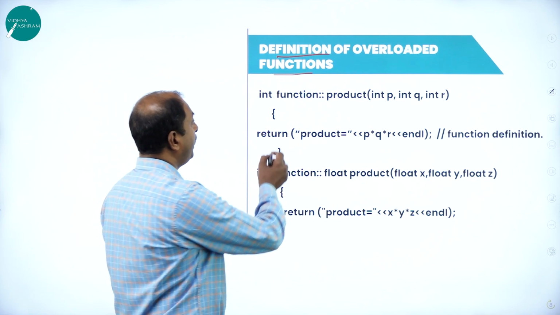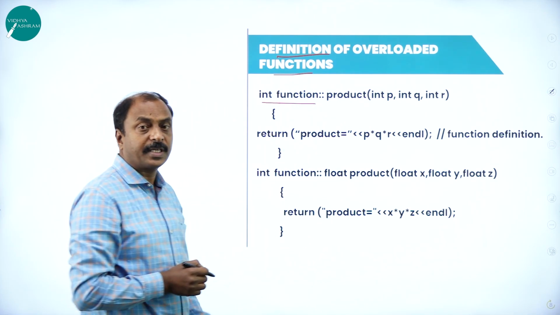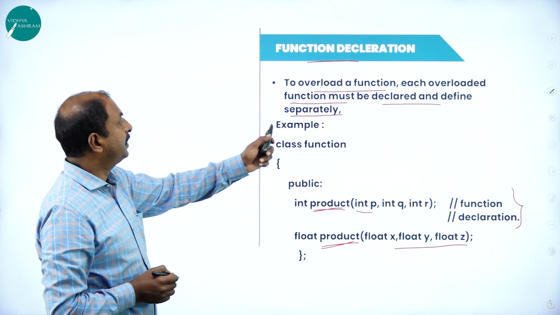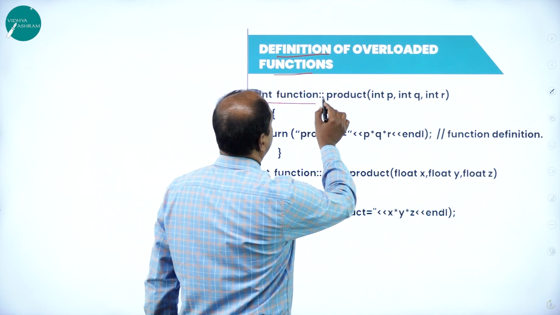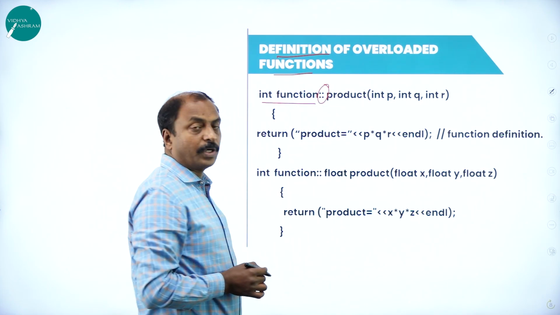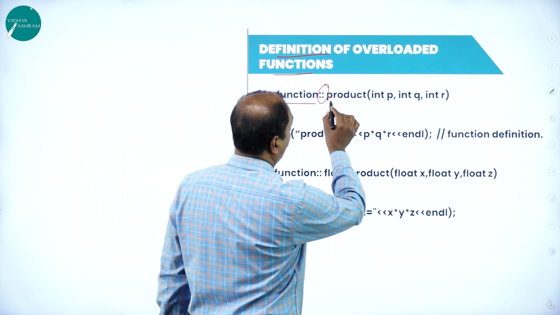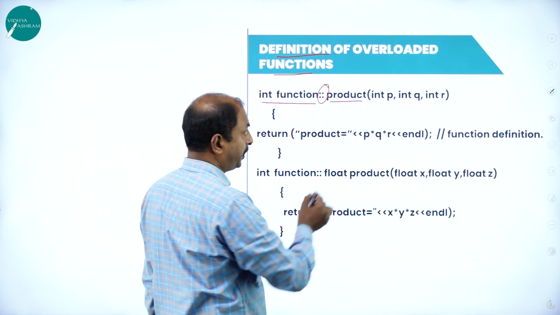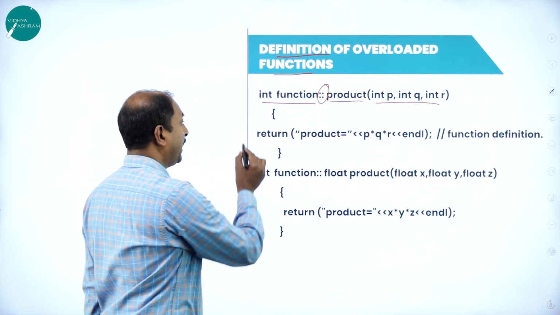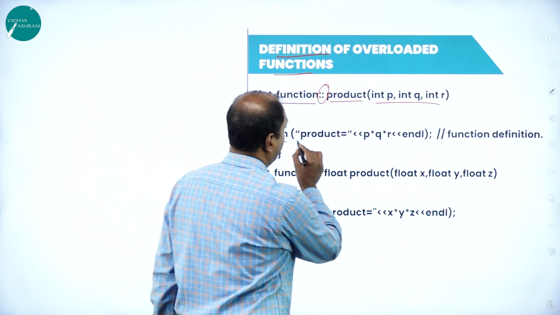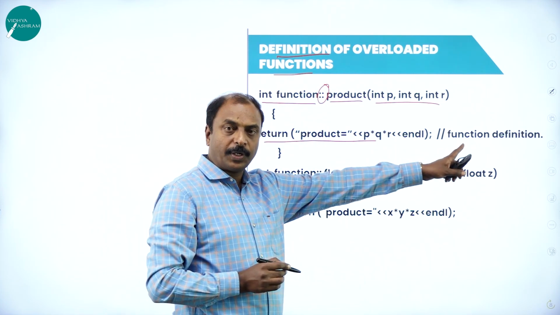So accordingly, it is int function, where function is the name of the class, and here the scope resolution operator. This is what you have learned in our previous classes. Scope resolution operator, then product. So this is the name of the function with the parameter list. Then open the bracket and write the code or statements. This is the body of the function.